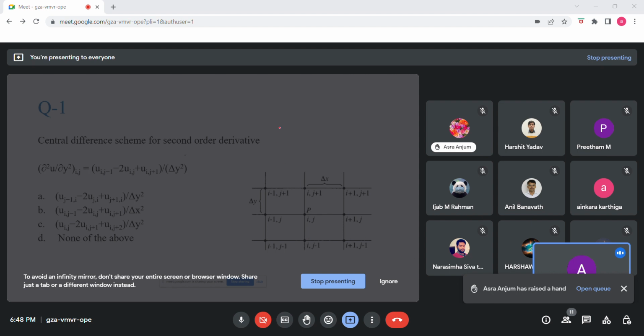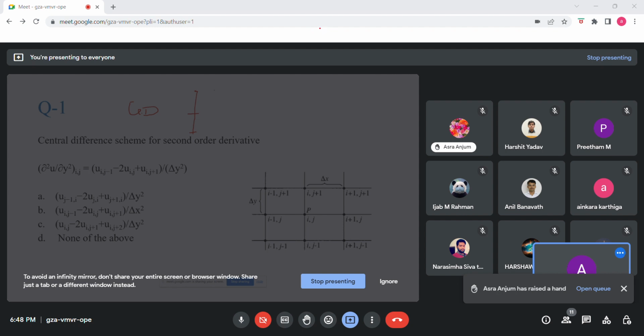So it is like in central difference scheme. We'll consider 3 points like this. This is in y direction, right?